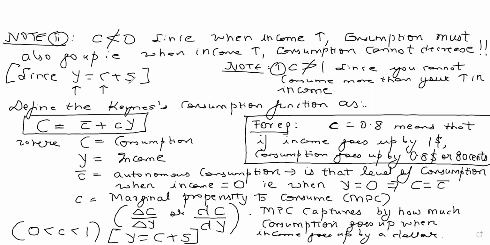When you earn more, you also spend more. It's not rational behavior to earn more and spend less. So marginal propensity to consume cannot be less than 0, and it cannot be more than 1. Hence, it should lie between 0 and 1, including 0 and 1, which are the extreme cases.